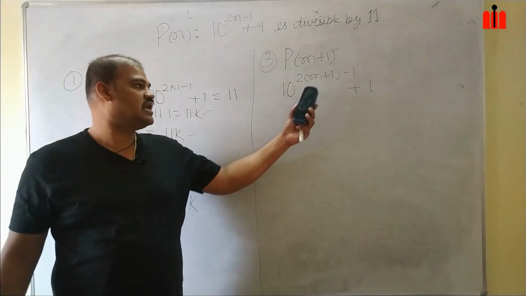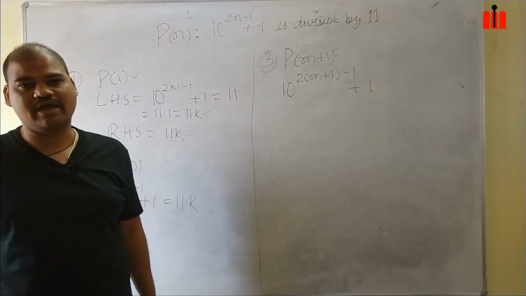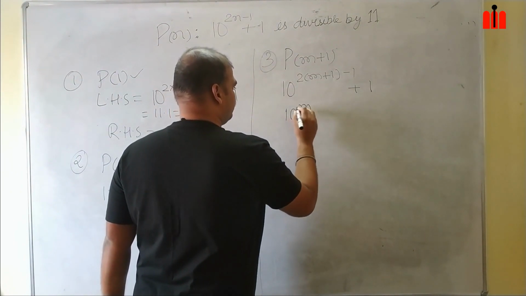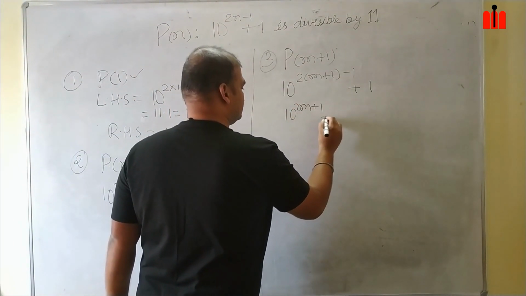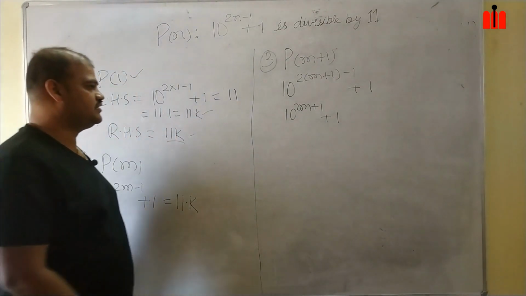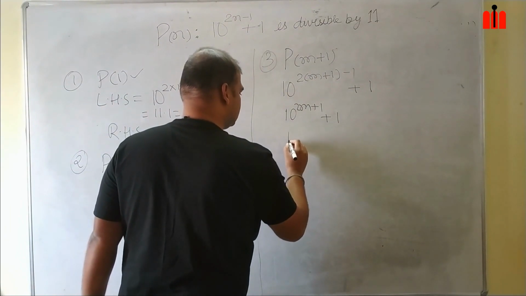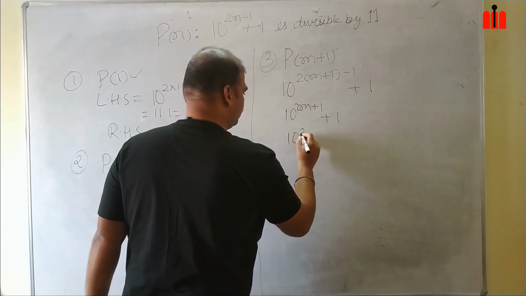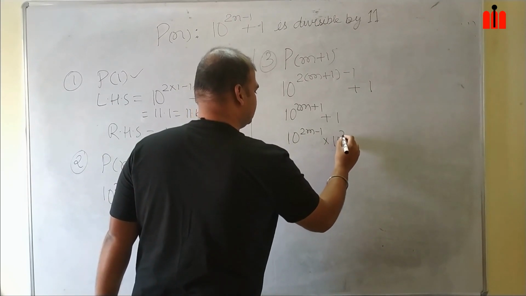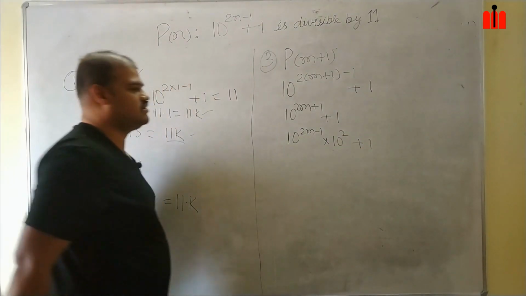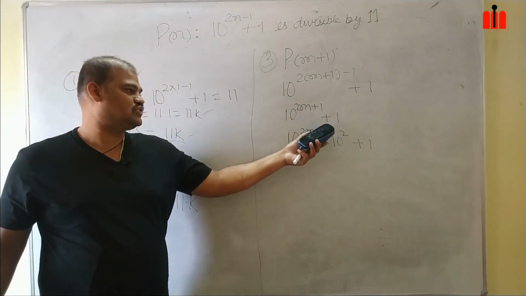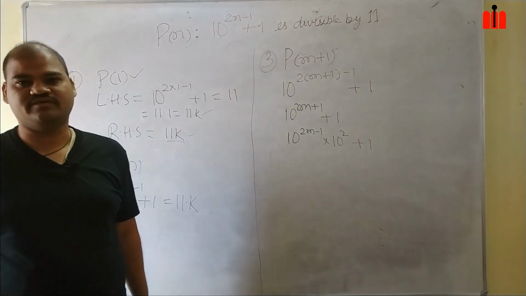This will become 10 to the power of 2m plus 1, plus 1. I can write it as 10 to the power of 2m minus 1, into 10 square, plus 1. The 10 square adds 2 to the exponent, so it is equal to 2m plus 1.